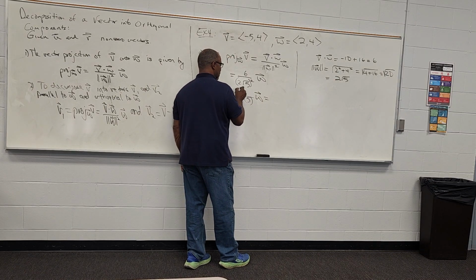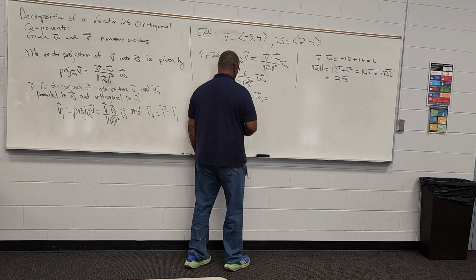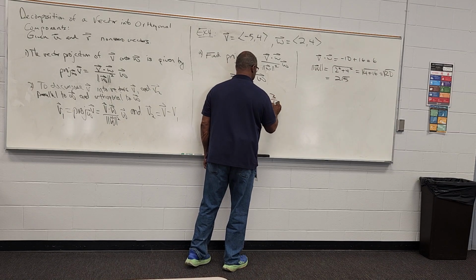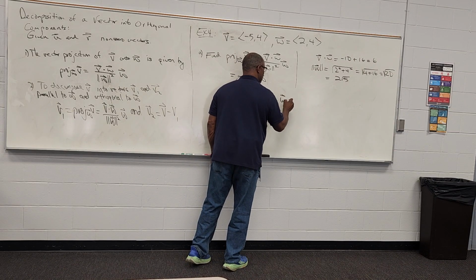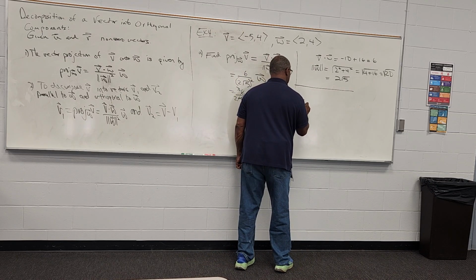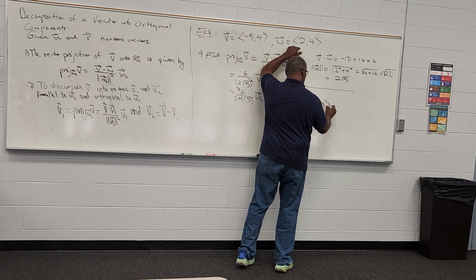Well, 2 goes into 6 three times, and 2 goes into 4 twice, so 6 over 4 reduces to 3 halves. So this is 3 tenths times W. So that's 3 tenths times vector W. W was 2 comma 4.